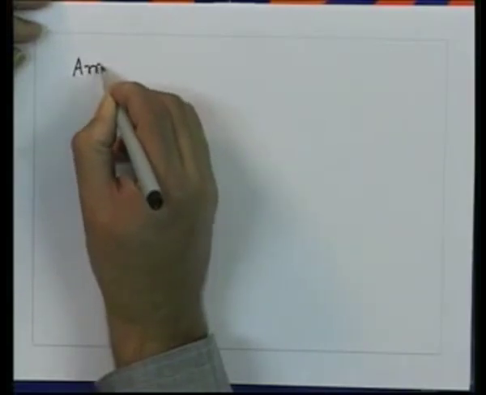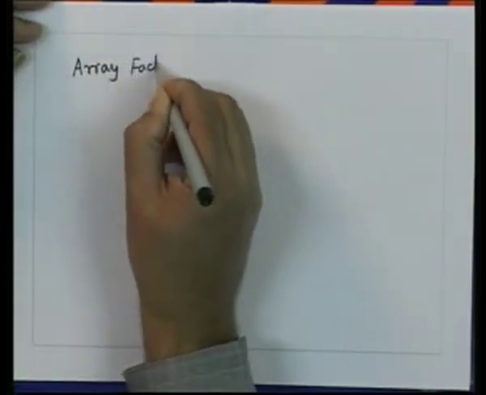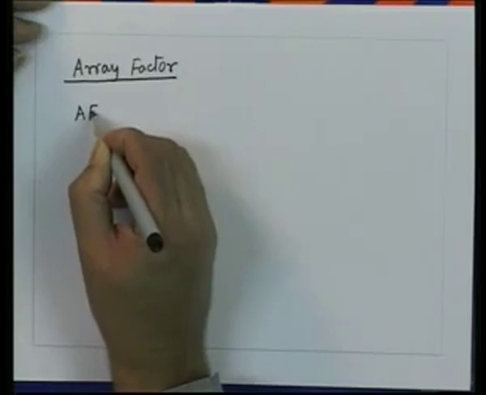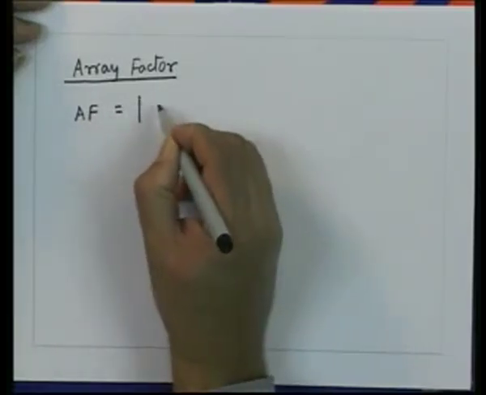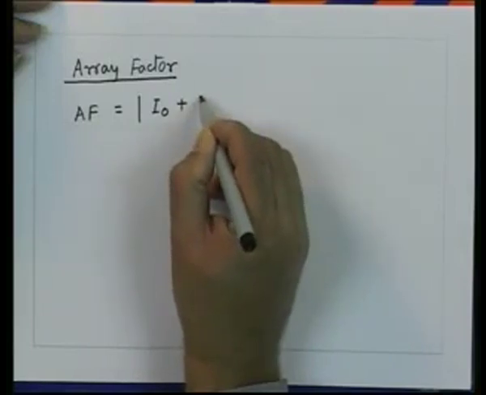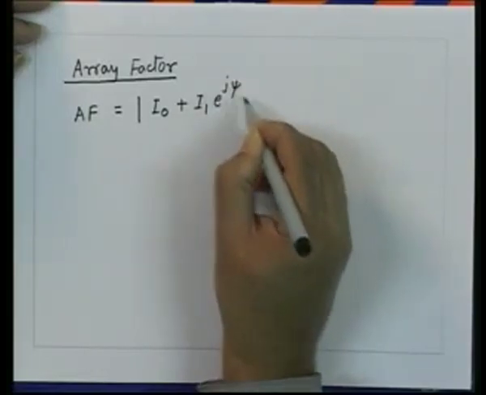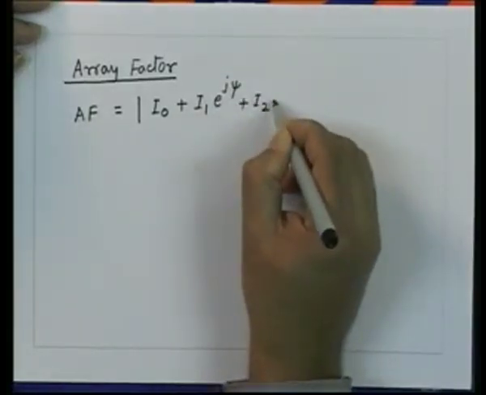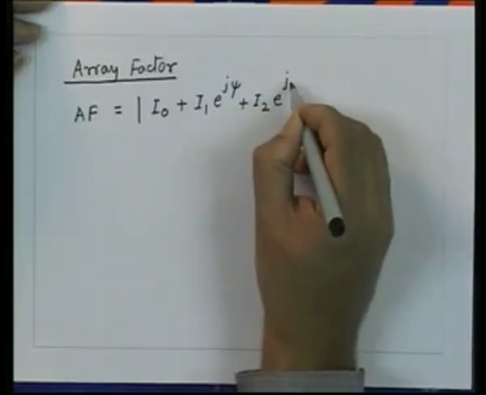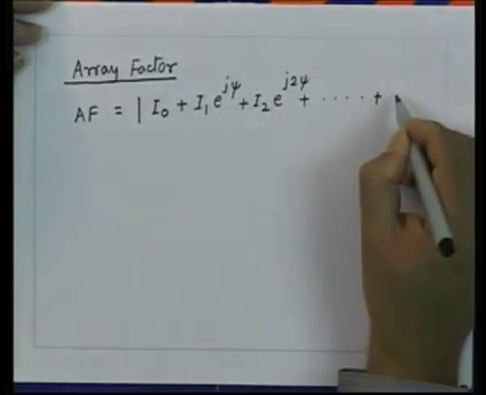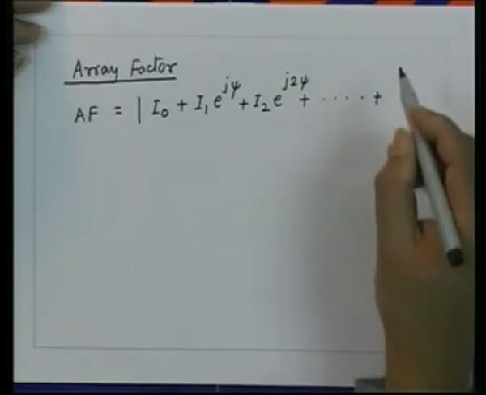So, now we can write down the array pattern, let me call that the array factor AF, that is equal to magnitude of I0 plus I1 e to the power j psi plus I2 e to the power j 2 psi plus and so on till you go to In, which is equal to 1.